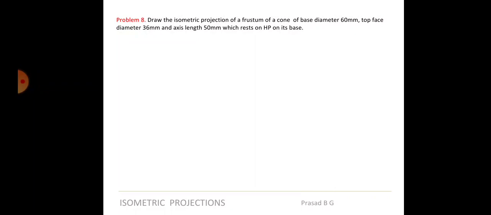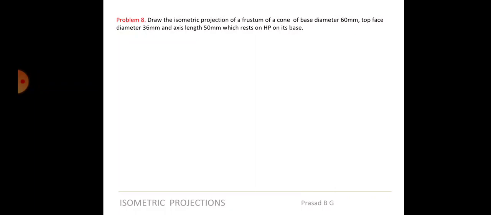The same way in case of a pyramid also, if I am considering the entire pyramid, then on the top nothing will be there, it will be a point. But let's say I cut the pyramid from half, then the base will be there as well as the top will also have a face. So if you want to draw the isometric projections of these frustums, it becomes a little more difficult compared to prisms, because for a prism it's the same.